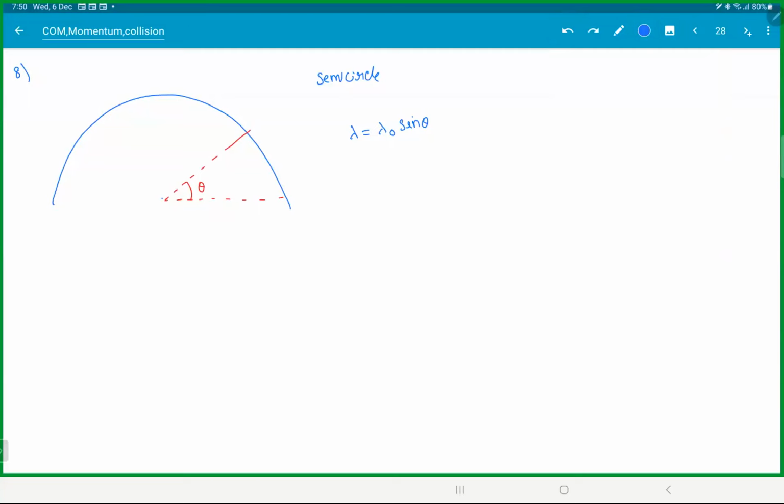Non-uniform semicircle. This is how they'll frame a question. So if you don't know how to choose elements, you'll get stuck here. Radius r, lambda naught is some random constant. Theta is the angle measured with the horizontal.